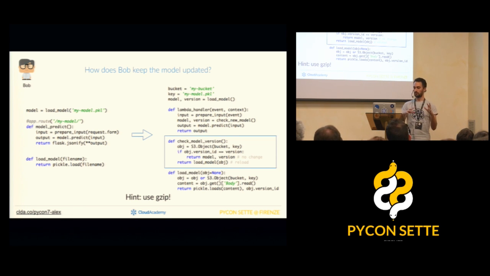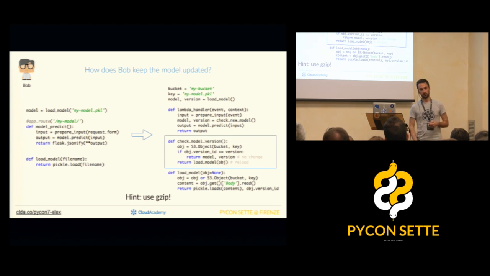So I have my model.pkl on S3, and I can periodically, even on each invocation, check if that file has been updated or not. So to deploy a new model, I upload a new file on S3, and my Lambda functions will get the new model. In this case, I'm doing this at every Lambda invocation.